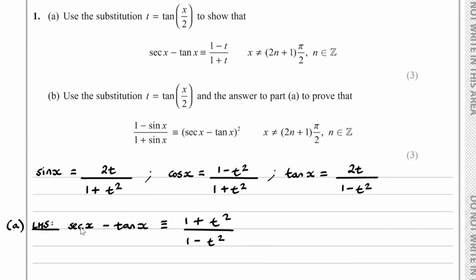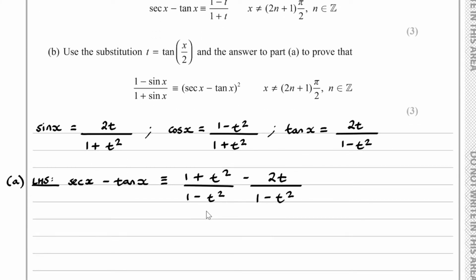Remember, this is the same as sec x. Then we subtract off tan x, so we subtract off 2t over 1 minus t squared. We have this common denominator of 1 minus t squared, and therefore we can combine these fractions together. We have t squared minus 2t plus 1 on the top, and on the bottom we have 1 minus t squared.